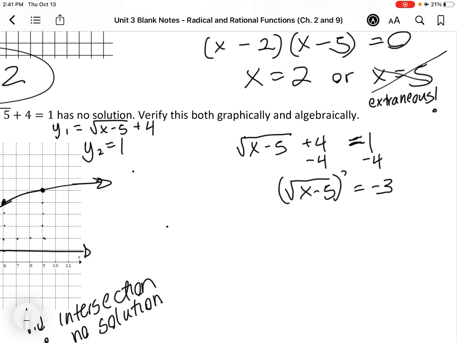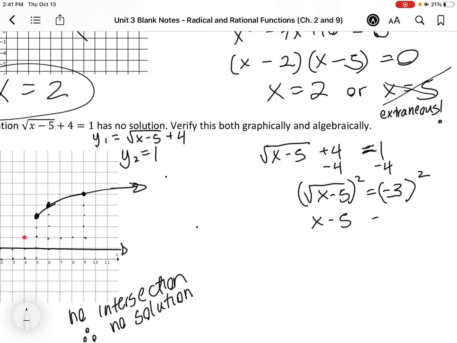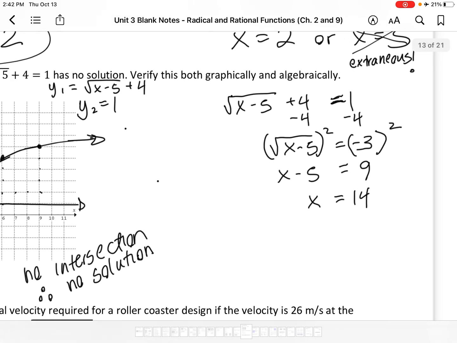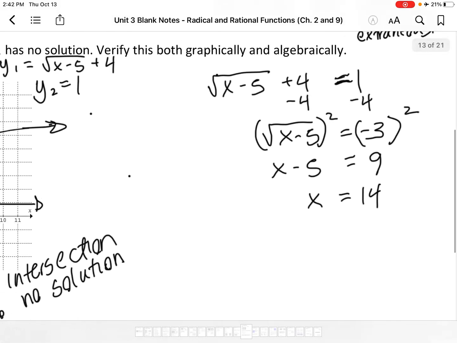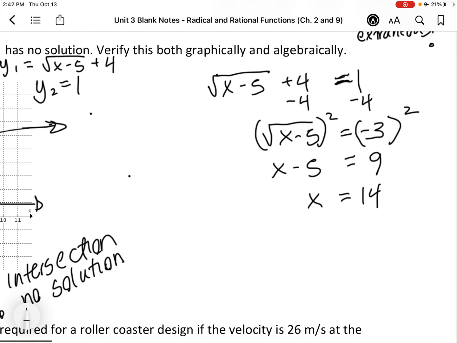But even if you did square both sides, you get x minus 5 equals 9. Add 5 to both sides, x equals 14. If you plug that into the original equation and try to verify, the right side is equal to 1.